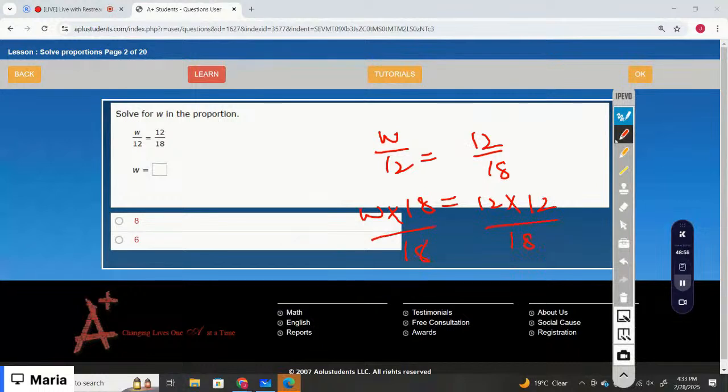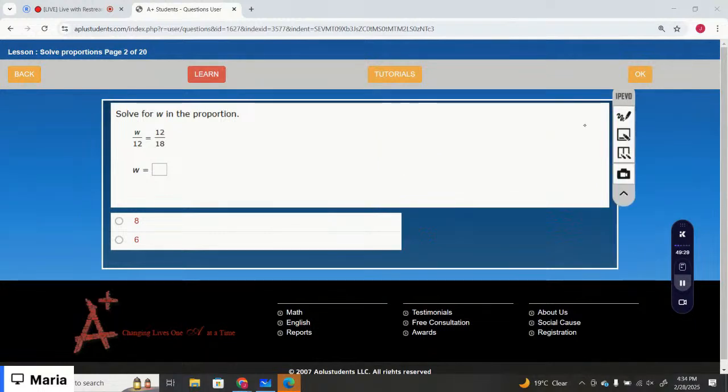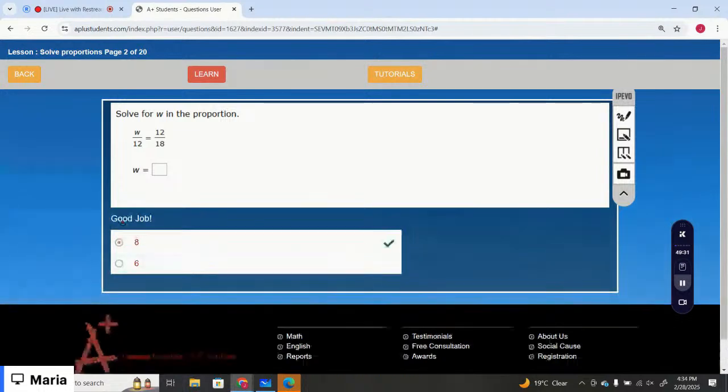So which is the correct option? That is 12 times 12, 144 divided by 18 is 8. So the correct option is option number 1, 8 it is.